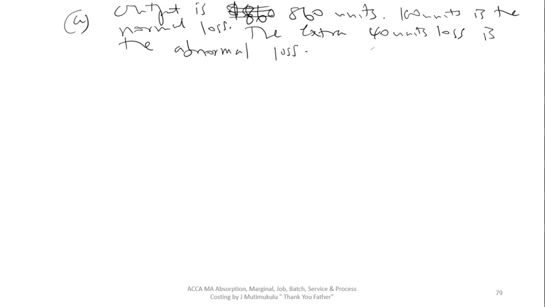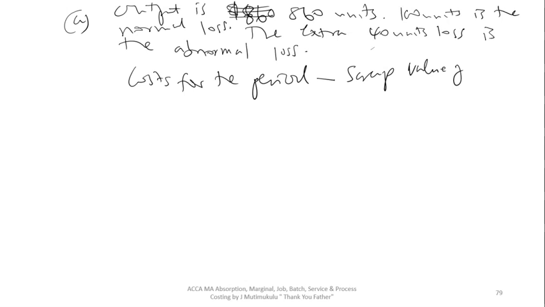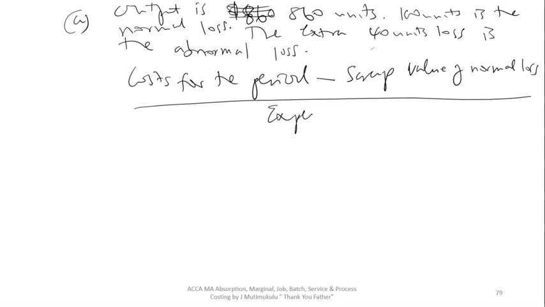So the cost per unit should be determined by the cost for the period, minus the scrap value of the normal loss, divided by the expected good units, the good output.